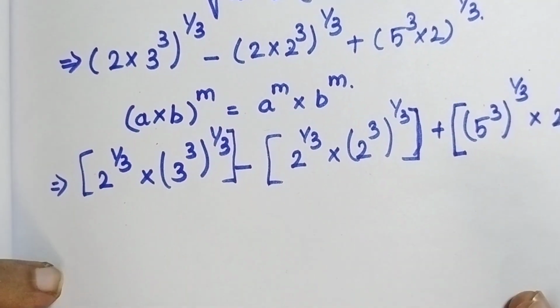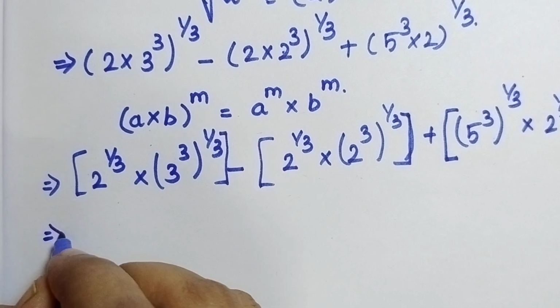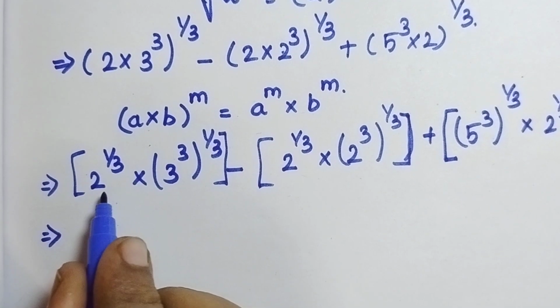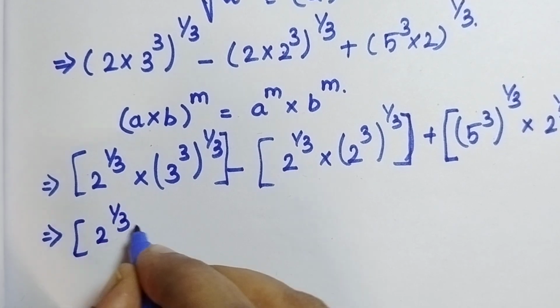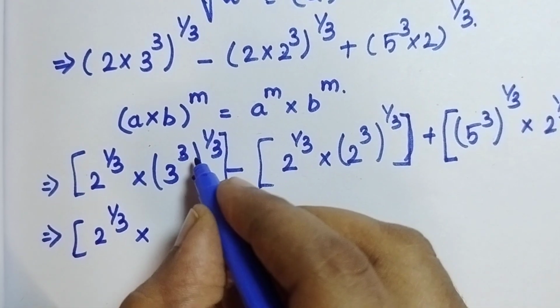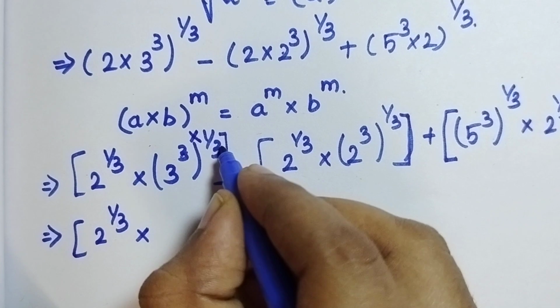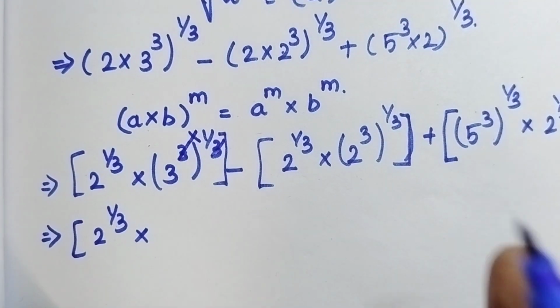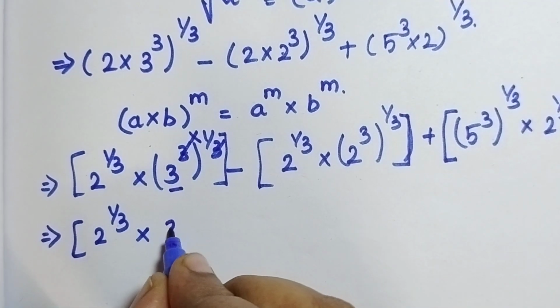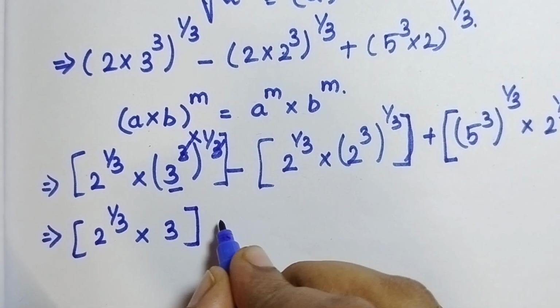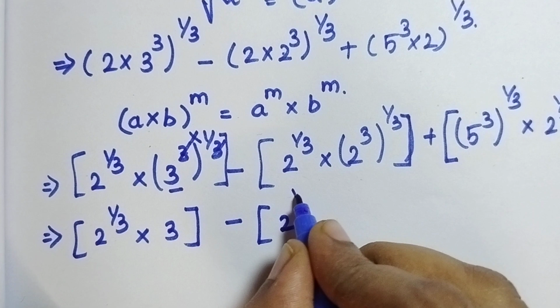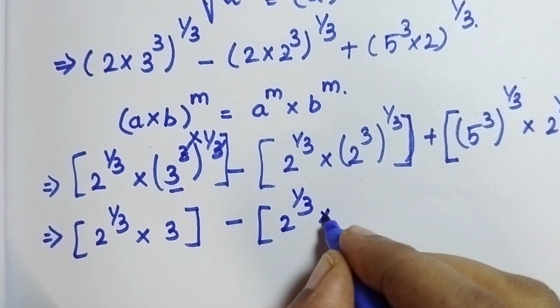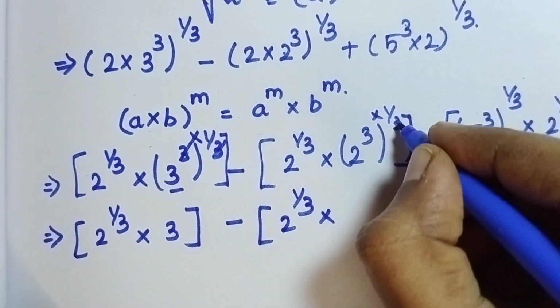Now try to solve this. Here we can't do anything with 2 power 1 by 3, so I'm going to write it as it is, multiplied by the next term. If I multiply these two, this 3 and this 3 get cancelled, so the remaining is 3. Minus, similarly here we can't do anything with 2 power 1 by 3, and these two are in multiplication.